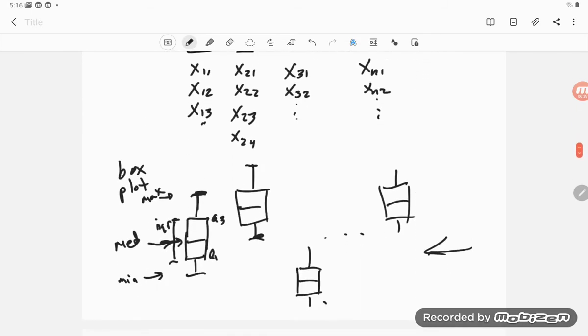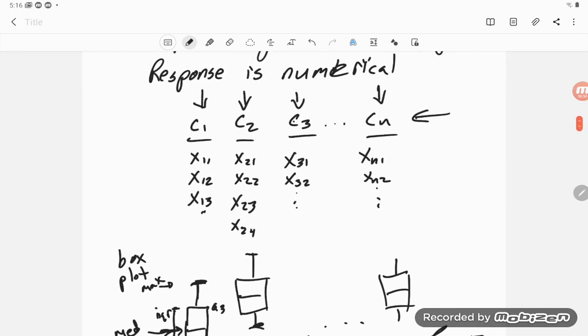From this picture, it looks like it does matter, and so I would call that dependent. If all these box plots look the same and are all at about the same level, I'd say it doesn't matter what column I'm in. I don't care if I'm there or there. In that case, they're independent, or the variables are not associated.